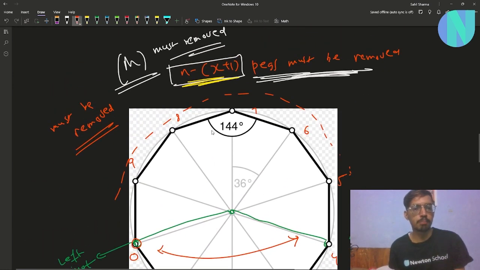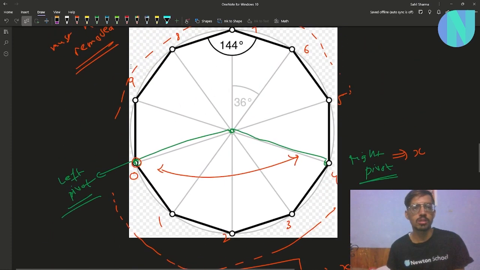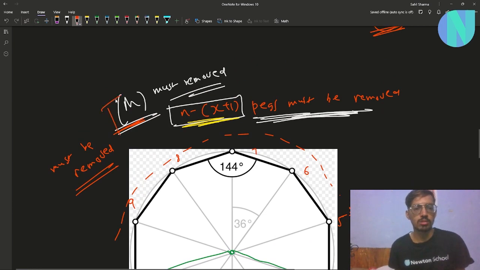So we are removing M pivots from here. And let's say from these x minus 1 possible pivots, from 1 up to x minus 1, we remove s from them, right? So in total, we are removing s from this and we are removing m from this.